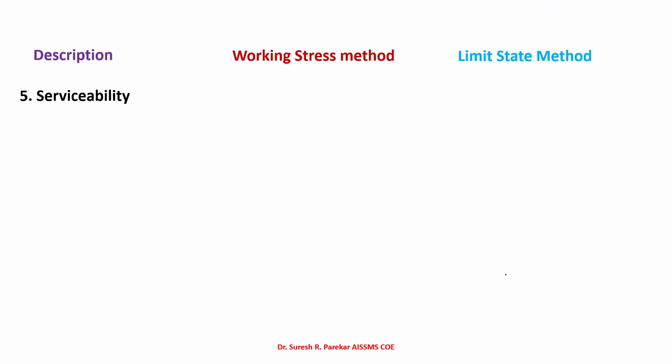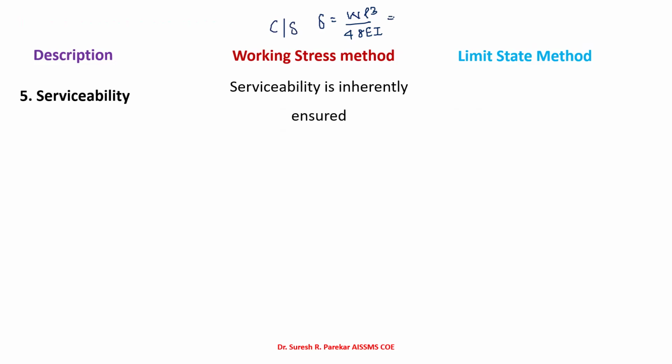Then we have serviceability. Serviceability criteria is actually not considered in working stress, but it is mentioned as inherently ensured. Why? Because here cross sections are large, and delta, if I consider a concentrated load, is WL³ upon 48EI. And if I consider a UDL, then I have this value 5WL⁴ upon 384EI.